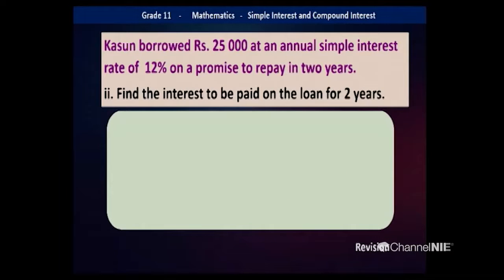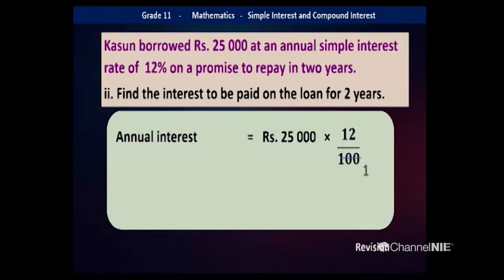Then the second part, find the interest to be paid on the loan for 2 years. Now he got a loan. For that loan he has to pay interest under the simple interest method. Annual interest 25,000 into 12 upon 100. At the very beginning of the lesson we studied this simple interest.